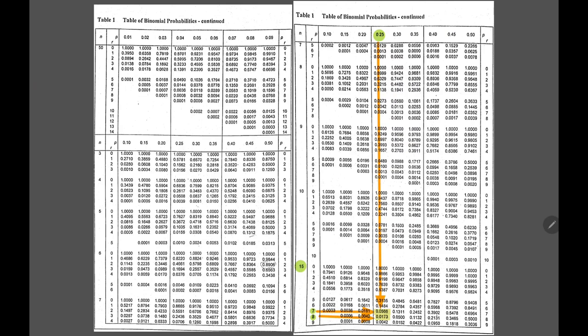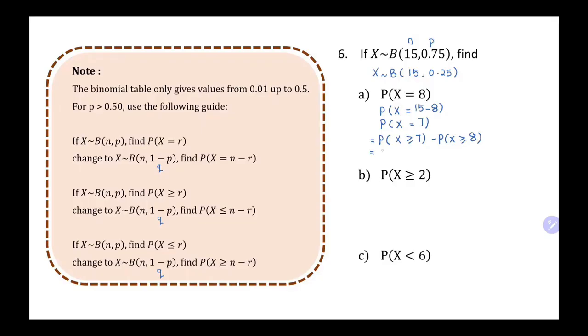And R equals to 8, 0.0173. We minus this one. So we put our answer 0.0566 minus 0.0173. Then we solve, we get answer 0.0393.